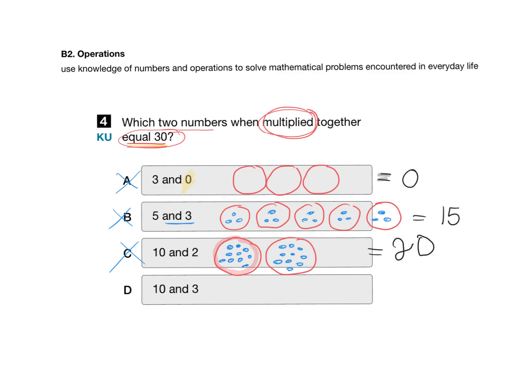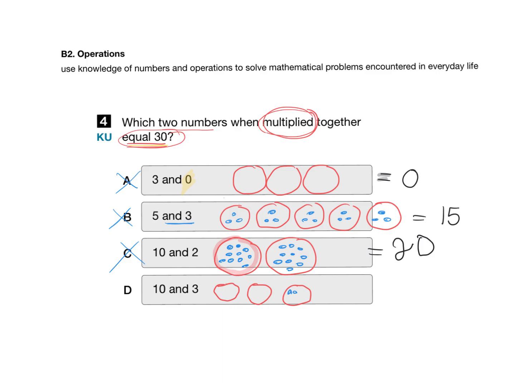We have to verify and make sure that it works. We have 10 and 3. So do you want to draw 10 groups of 3 or 3 groups of 10? 3 groups of 10. Okay, so let's draw 3 groups. 1, 2, 3. And how many are you going to put in each group? 10.